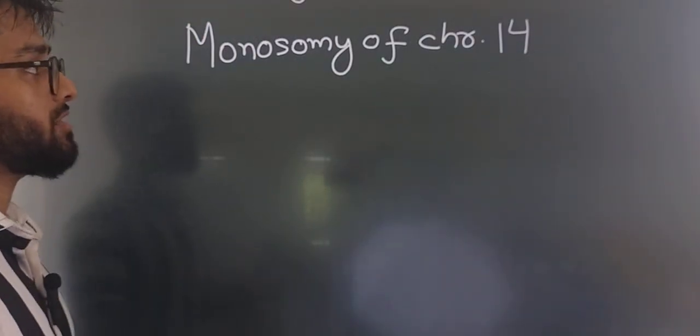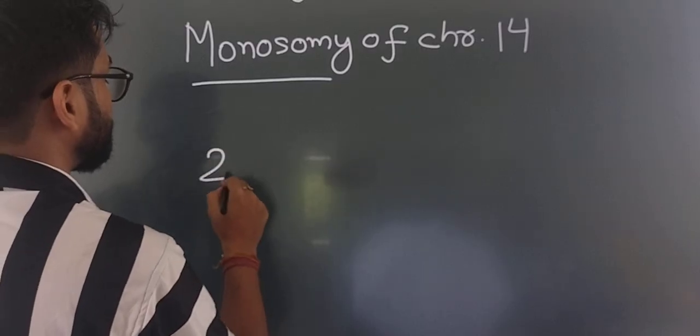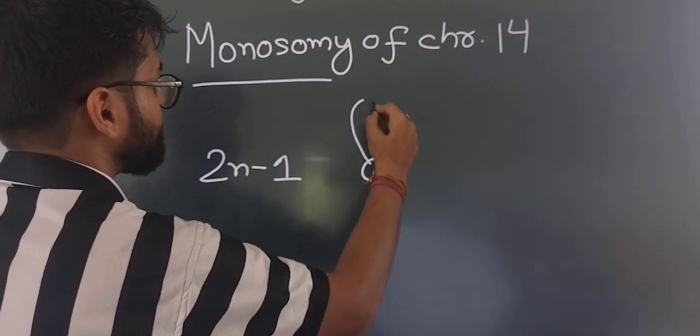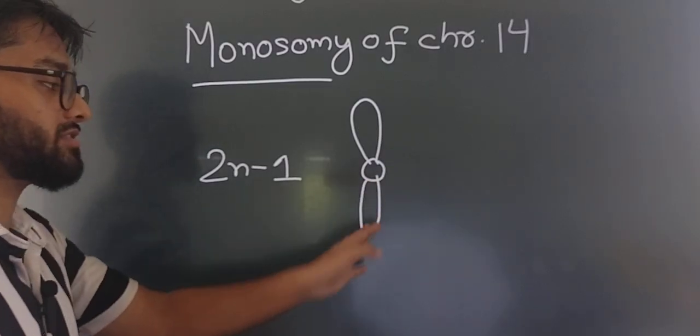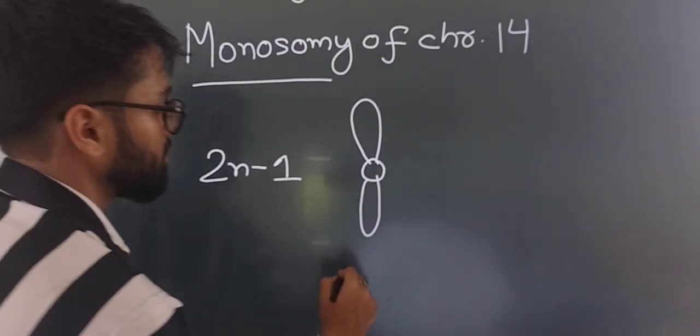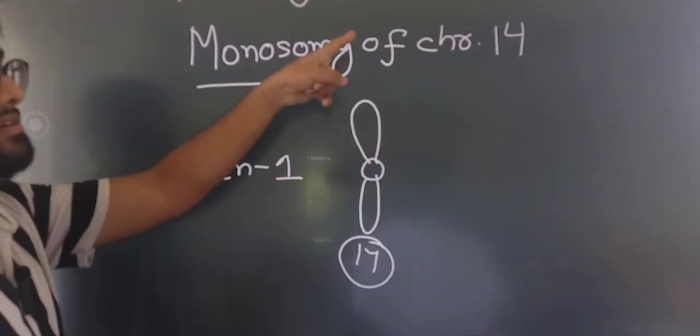Yes, monosomy of chromosome 14, which now you know monosomy means deletion. So it will be deleted. This is what you will be left with for chromosome 14. Okay, this is Turner syndrome.